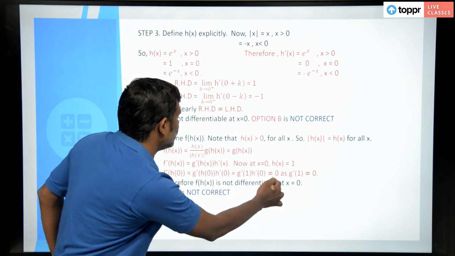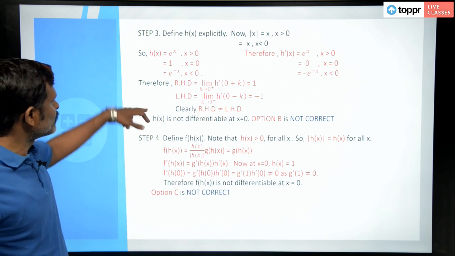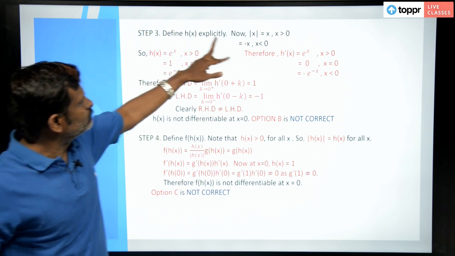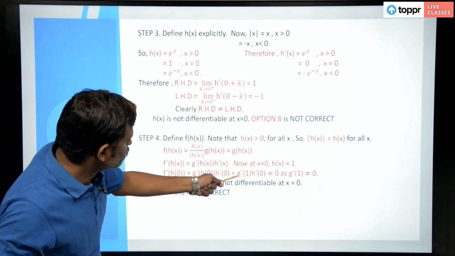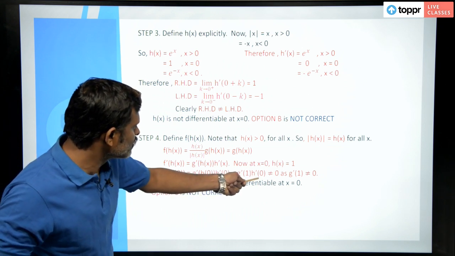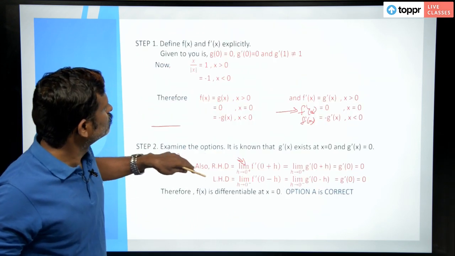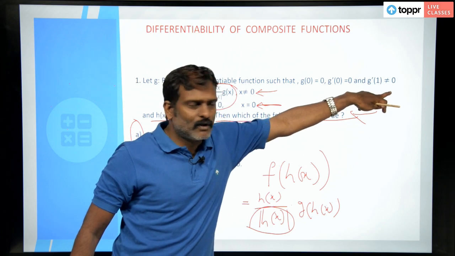This is not equal to 0 because g dash of 1 is not 0 and h dash of 0 is g dash of 1 into h dash of 0, and this g dash 1, what is g dash 1? G dash 1 is not equal to 0.